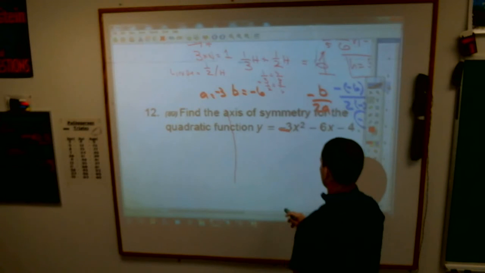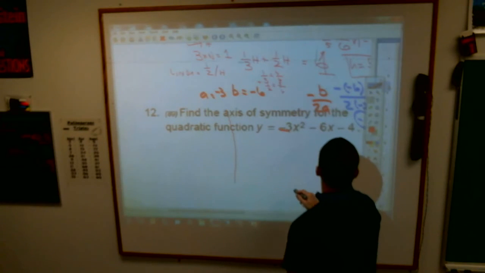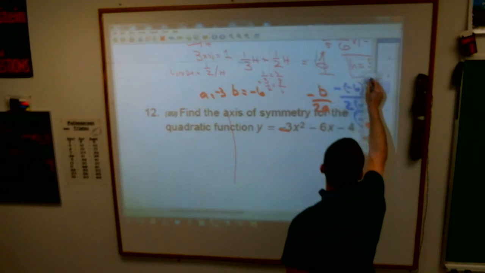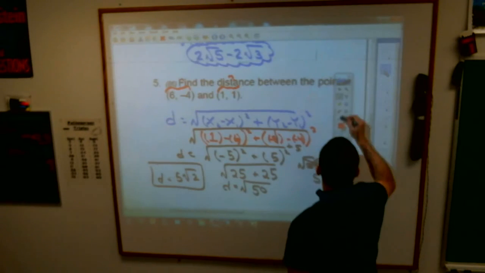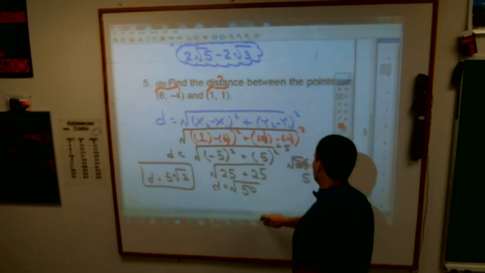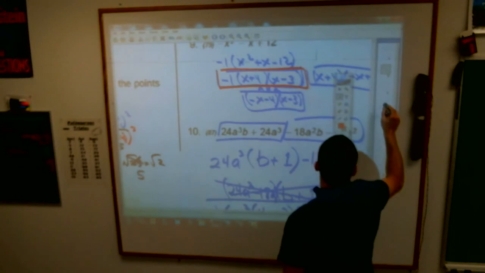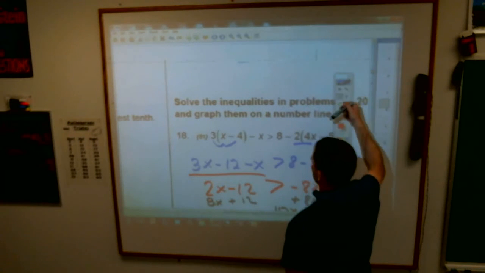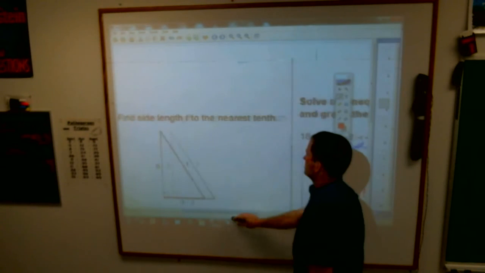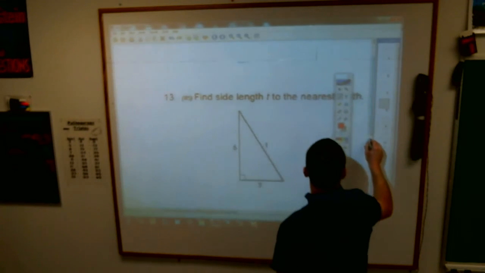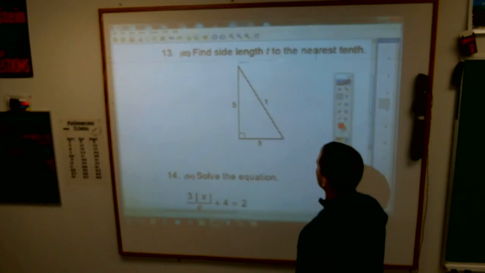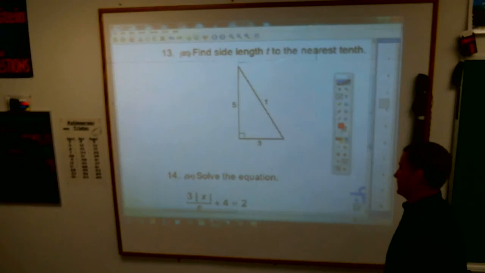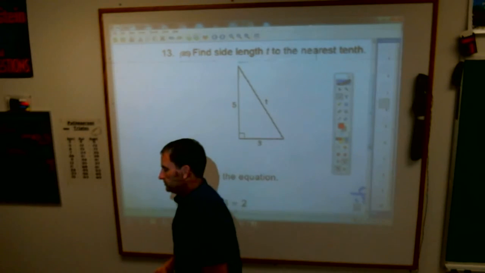Go back to the other page. You're seeing the wrong slide. There's nothing there. Yeah. Wait, find the side length to the nearest tenth. Yeah, that's fine. Is that good there?